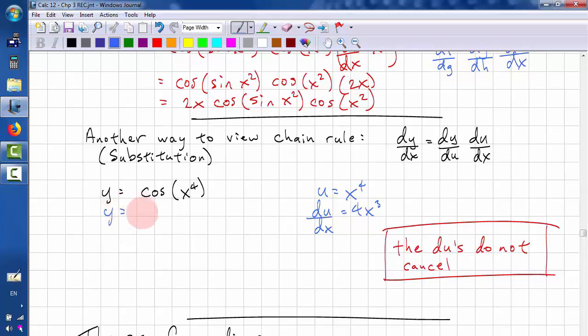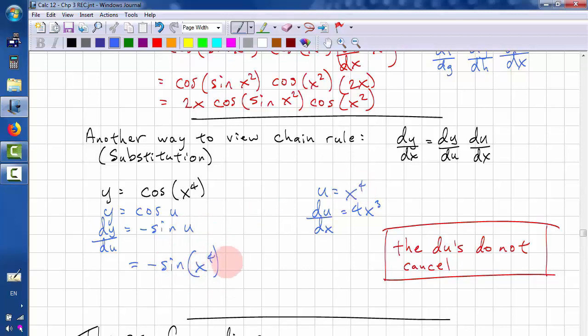Now y equals cos u. And dy du equals negative sine u. Okay, so just take the derivatives of simple functions, and now we can combine it. Minus sine u, x to the power of 4.